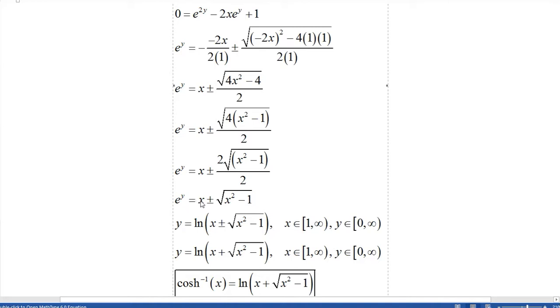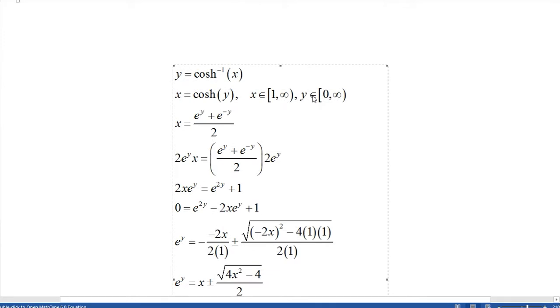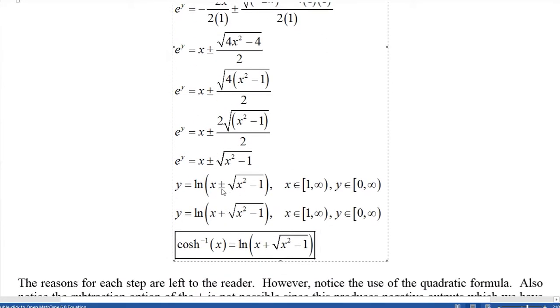e to the y equals x plus or minus the square root of x squared minus 1. Now, we do have a restriction that x has to be between negative 1 and infinity, and y between 0 and infinity. We had that restriction way up here to begin with. Okay?